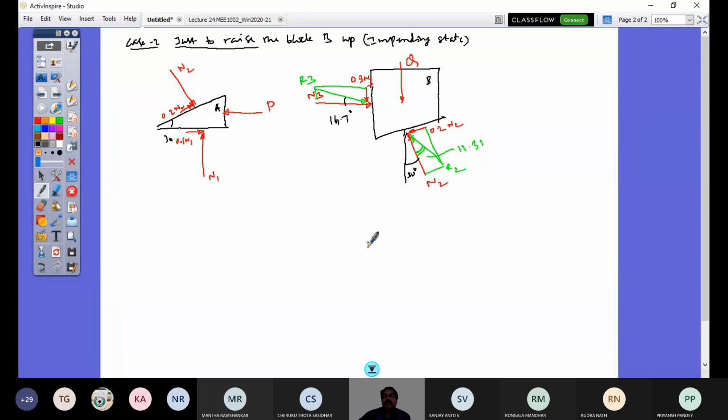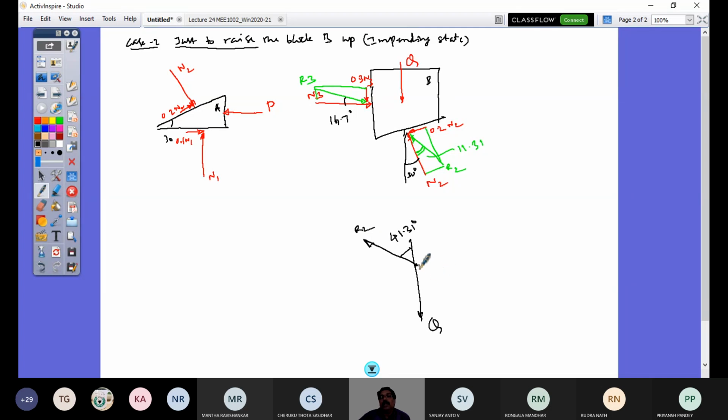So I can draw a simplified representation of three concurrent forces to apply Lami's theorem. So this is Q, and R2 is at an angle to the vertical given by 41.31 degrees. That's R2.